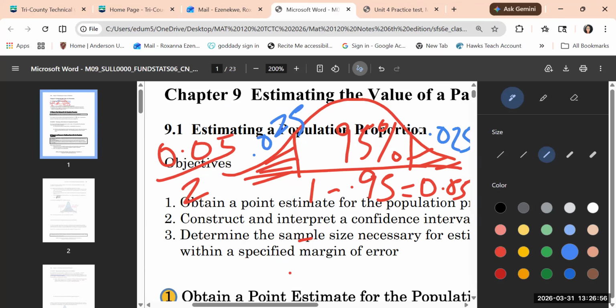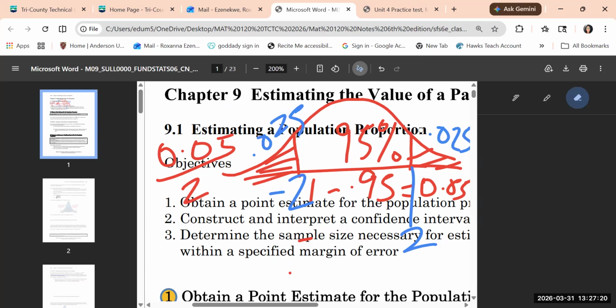Remember from the empirical rule that I already know that this is approximately -2, and this is approximately 2, because the empirical rule told me that plus or minus 2 standard deviations of the data lie within 95%. But I'm actually purposely using 95%, just so you know.